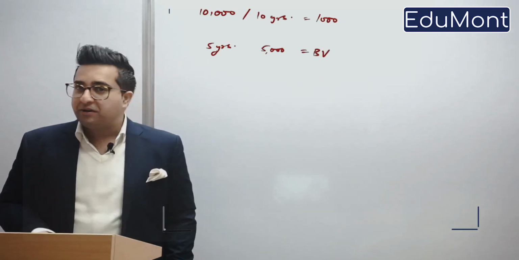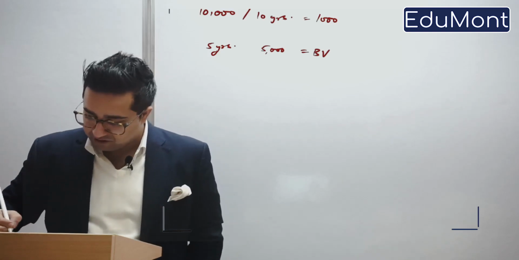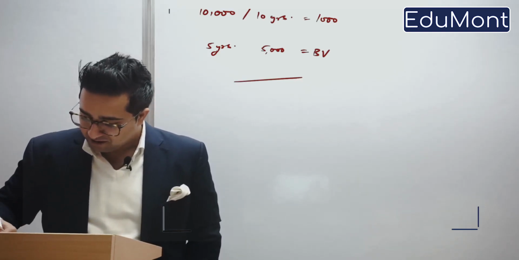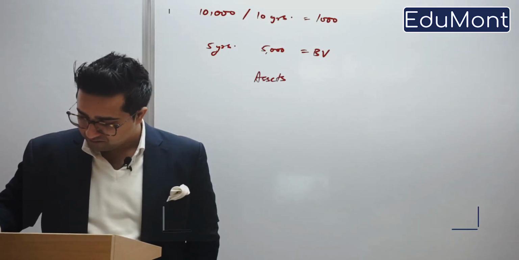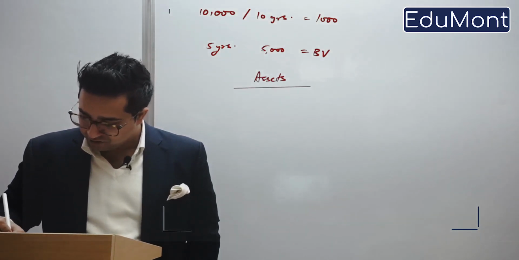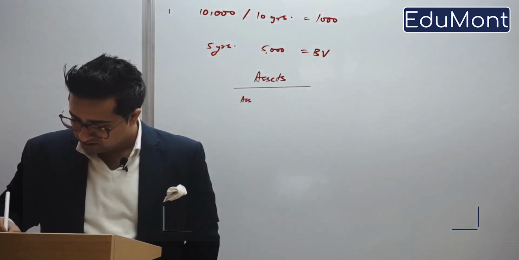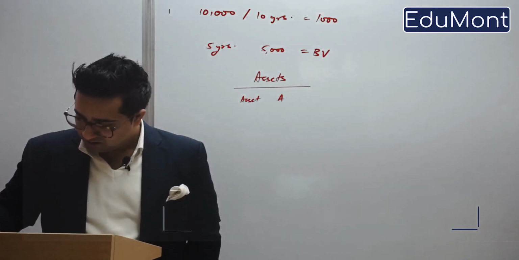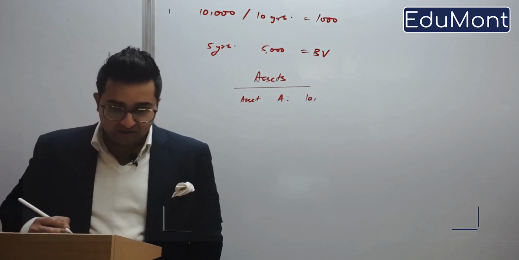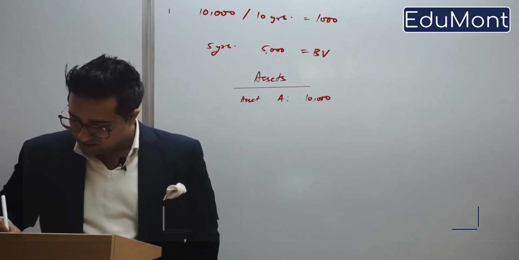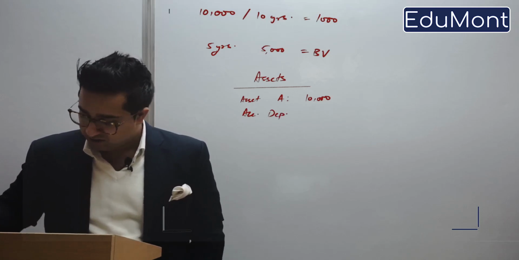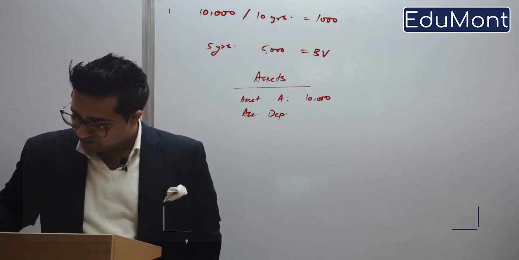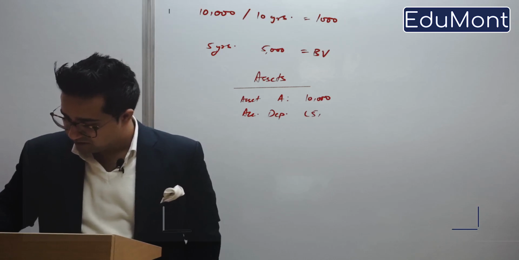So the way it would actually appear in your balance sheet is, on the asset side, it will show the asset at 10,000. Here will come accumulated depreciation, which is a contra account. So we'll say 5,000.